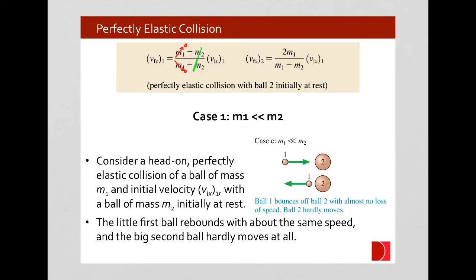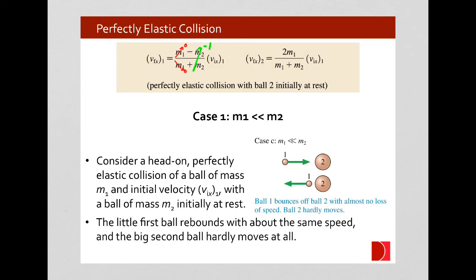That will simplify to be a negative 1. That means that after the collision, our projectile particle has a velocity that is negative 1 times its initial velocity. That means that it has the same magnitude, the same speed, but this negative 1 means it reverses direction. It's bounced backwards off of the big object.